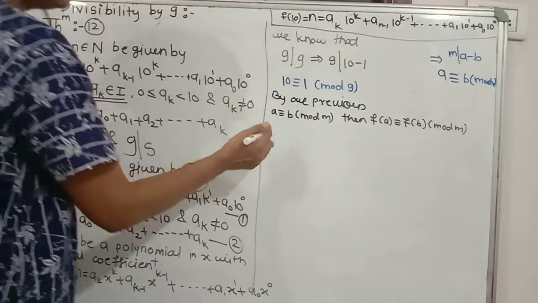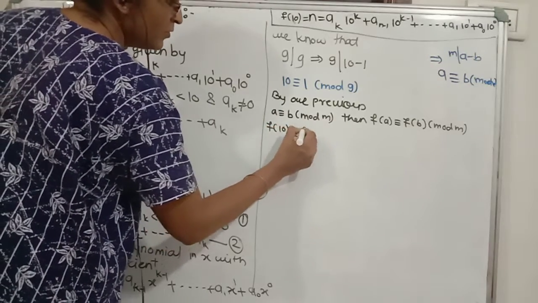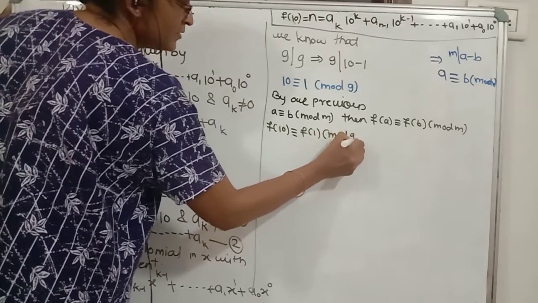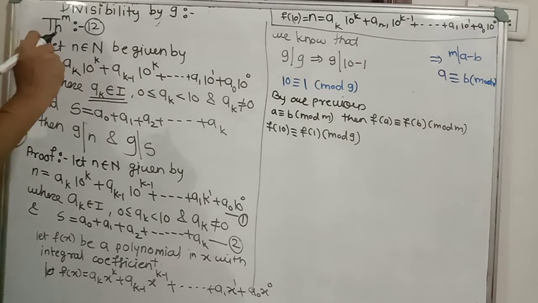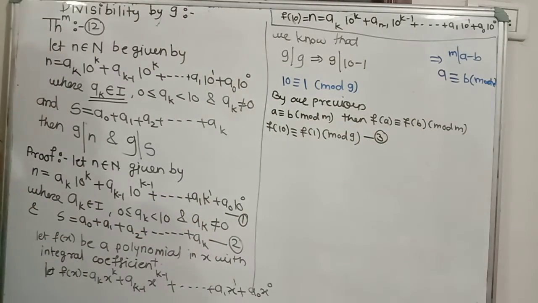So we apply the same here. So f of 10 is congruent to f of 1 with mod 9. We denote this as equation number 3.